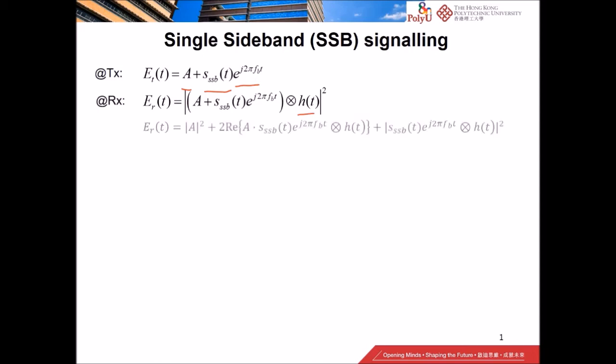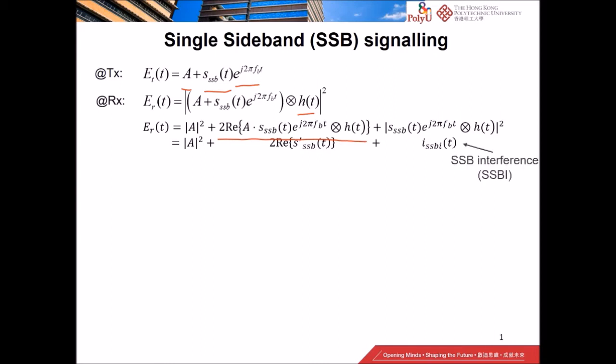If you expand on this, this is what you will get. You have three terms, and the term in the middle is the signal term that you want, and the term on the right is what we call the single sideband interference.